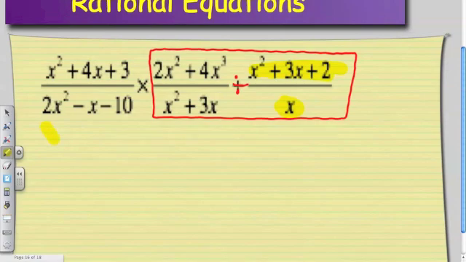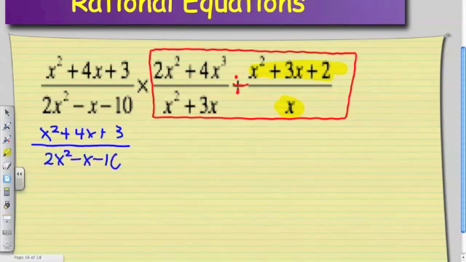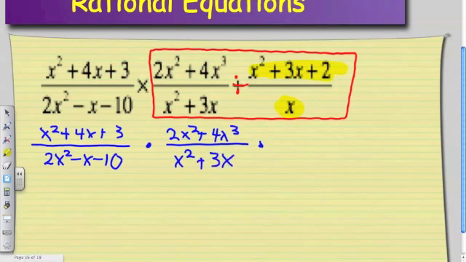So my new equation becomes x squared plus 4x plus 3 over 2x squared minus x minus 10 multiplied by 2x squared plus 4x cubed over x squared plus 3x multiplied by, we're flipping this, so it becomes x over x squared plus 3x plus 2.